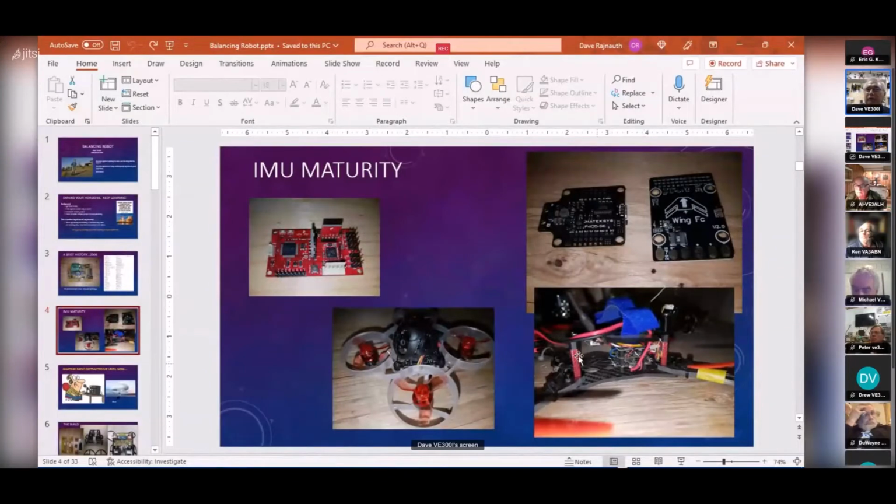I built a high performance racing drone from scratch, and that needed this flight controller here, which is basically an IMU and a controller to control the various motors. And I bought this little $100 drone here, and this board comes with an IMU in it to control and balance the drone.